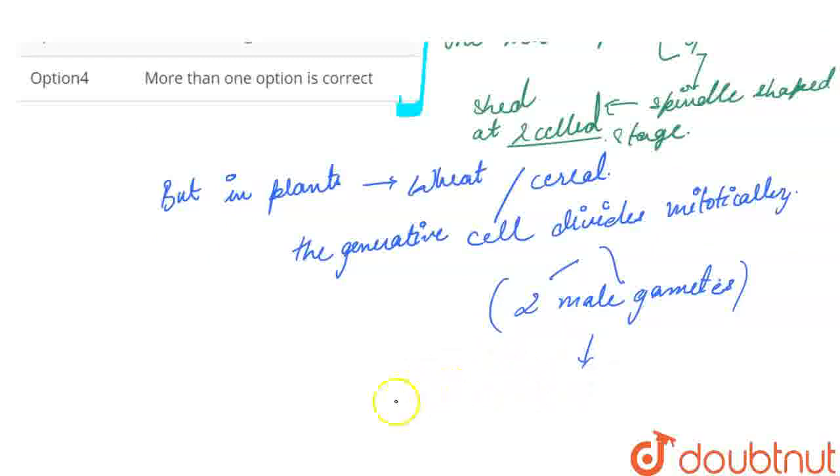This happens before the pollens are shed.